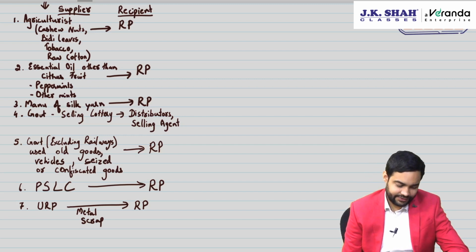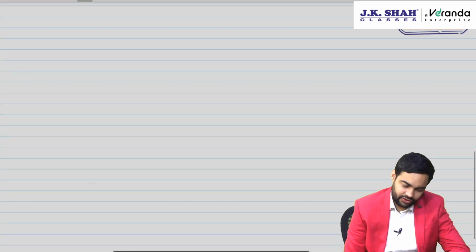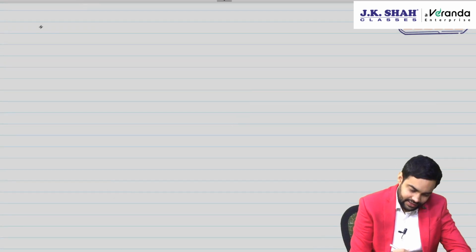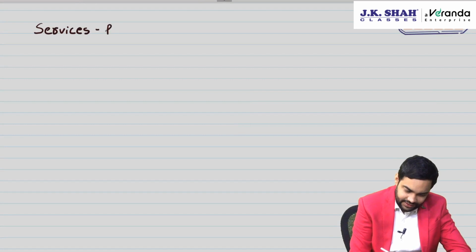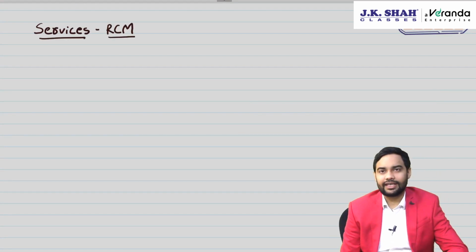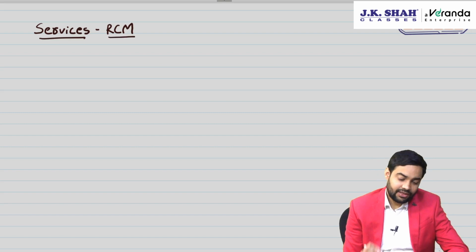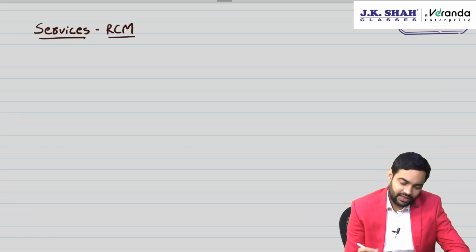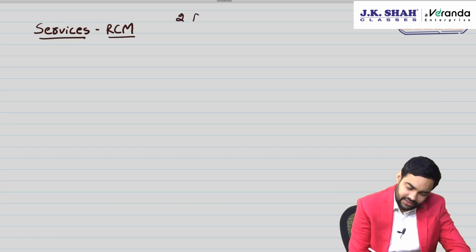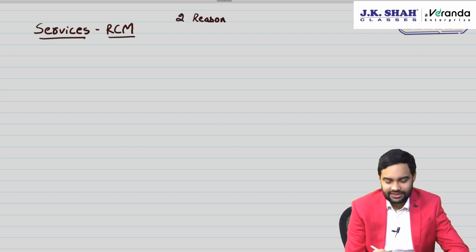Okay. Then you have services under RCM. Now, services under RCM, there are various services where the recipient has to pay the tax under RCM. First, understand the basic purpose as to why reverse charge mechanism was brought under the law. See, there are 2 major reasons why RCM was brought, which I will show you in goods industry as well.